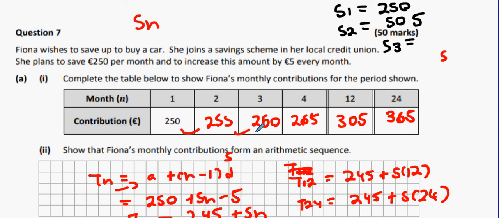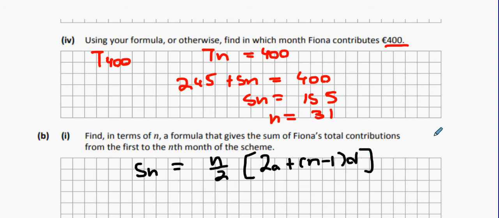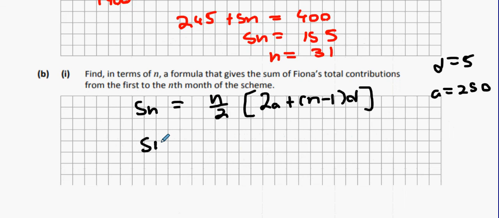Does that make sense? Now, there is a formula for SN, Oscar. SN is also in your notes. It's N over 2 into 2A plus N minus 1 times D. The D value is 5. What's the A value? 250. So it's going to be N over 2 into, what's 2 times A? 2 times 250, okay.